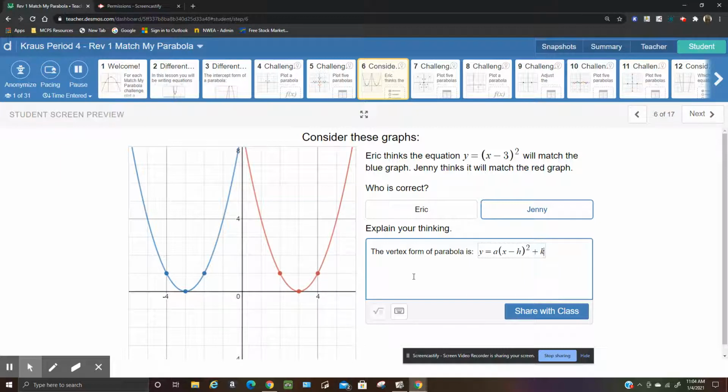So my a value is 1. So plugging in (3, 0) gives me y equals x minus 3, the quantity squared.